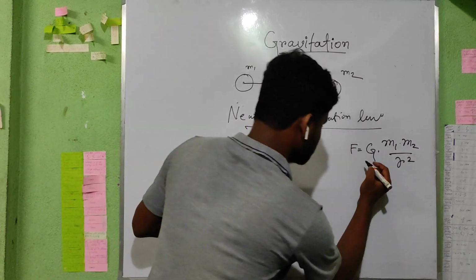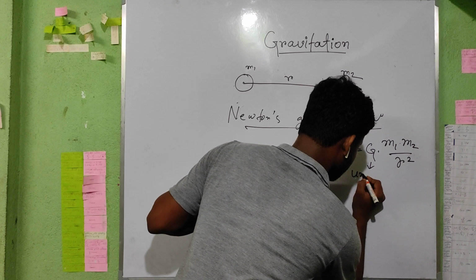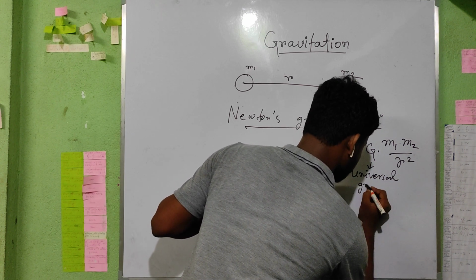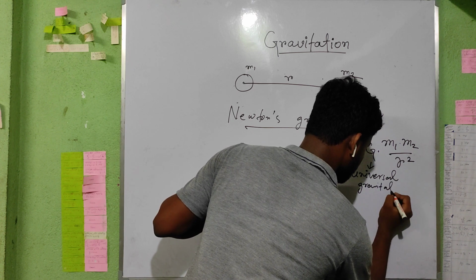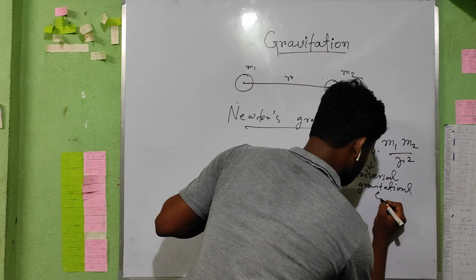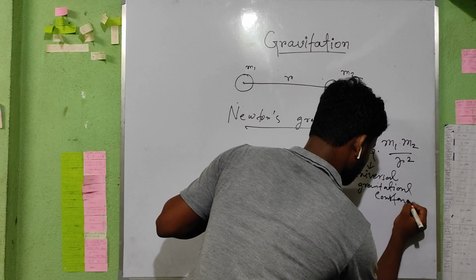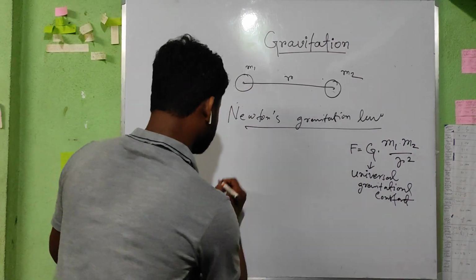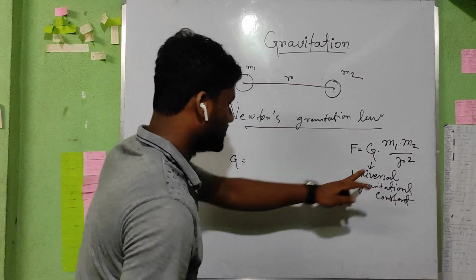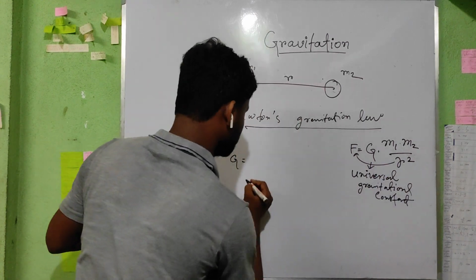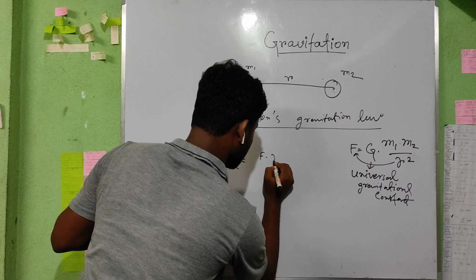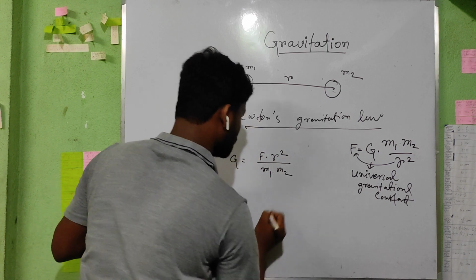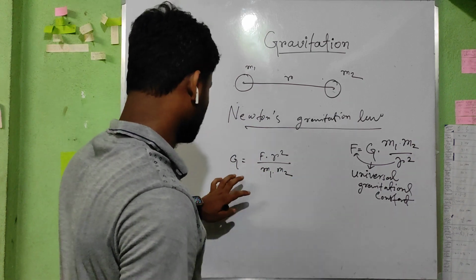This is the universal gravitational constant. If you see, this G can be written as F r square by m1 into m2. So what will be its unit?